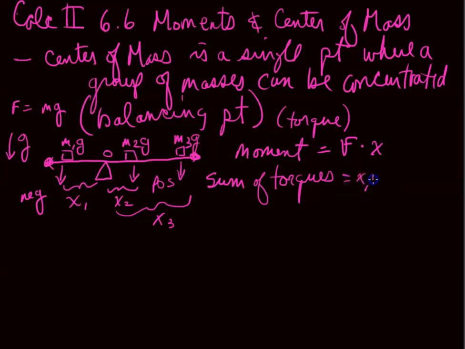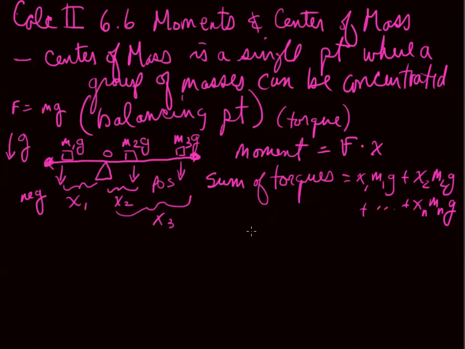X sub 1 times m sub 1 times g plus x sub 2 times m sub 2 times g plus, keep on going, however many you have, x sub n times m sub n times g, where g is just the force of gravity in this case.